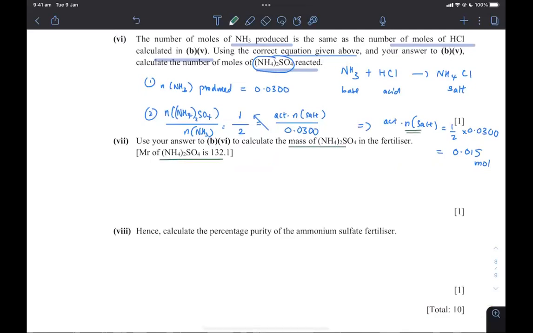I'm given MR. So the mass of the salt is going to be the mole, which is 0.015 mole, multiplied by the MR, because I want the mass of the salt. The mole is there, the MR is there. So you just use your previous answer, and you can get this as 1.9815. This is what your calculator shows you. Again, this is not appropriate. In fact, this is already not appropriate.